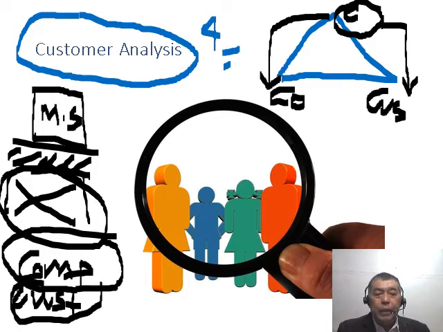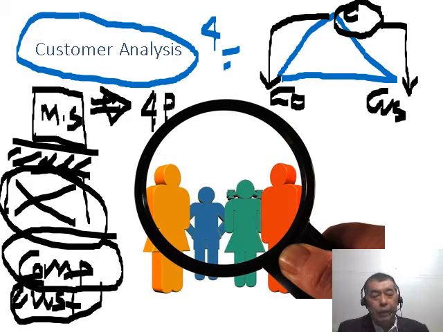And the marketing strategy is the 4 P's, which is your price. What is your strategy with regards to price? Your product strategy, your promotional strategy, and your placement strategy. Remember that the objective of each of the 4 P's has a different connotation to the customers.